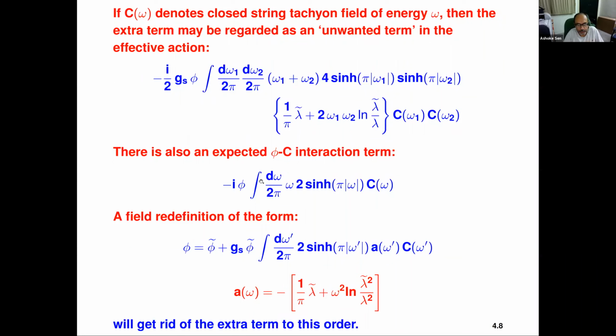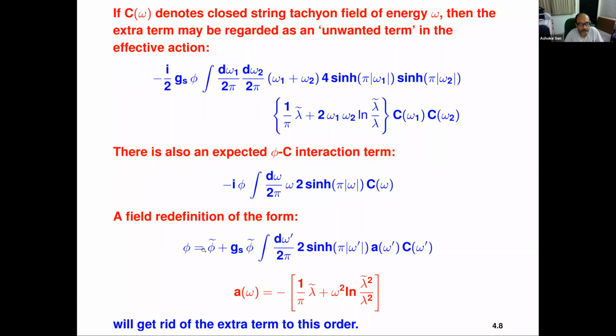Now suppose we make a field definition of the following form, where phi goes to phi tilde plus A phi tilde times C with some appropriate coefficient. This A is this factor over here, the same as this factor up to a minus sign. Let's take this and substitute in the effective action.